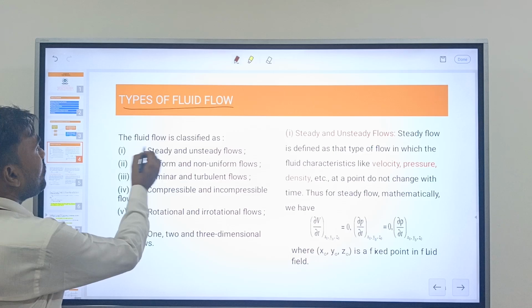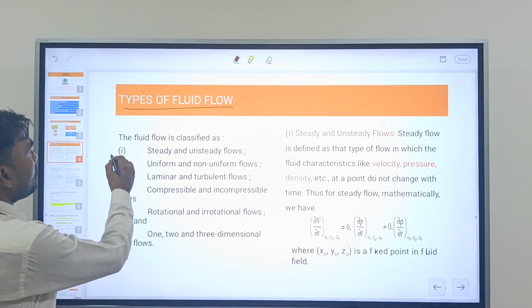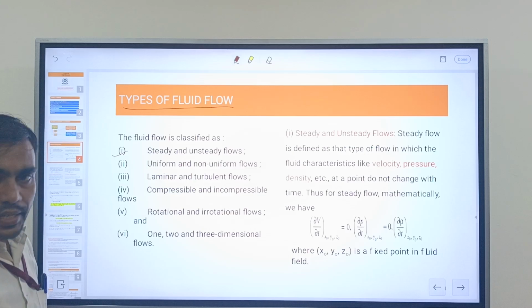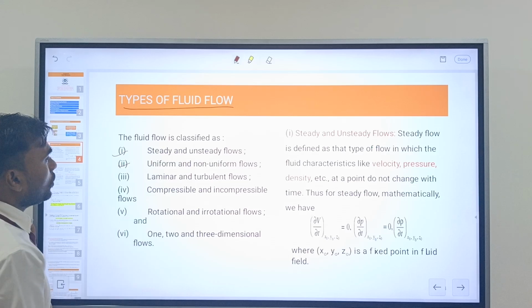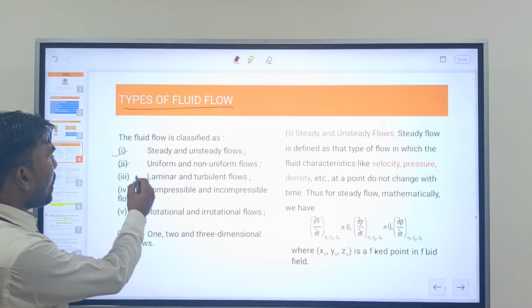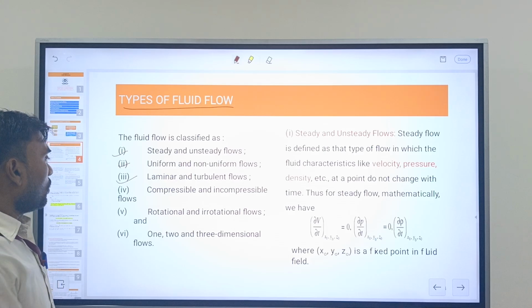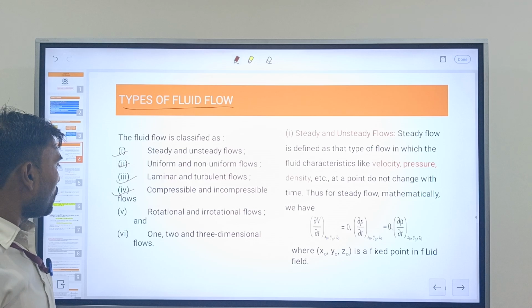Fluid flow is generally classified as, first, steady and unsteady flows. Second, uniform and non-uniform flows. Third, laminar and turbulent flows. Fourth, compressible and incompressible flows.